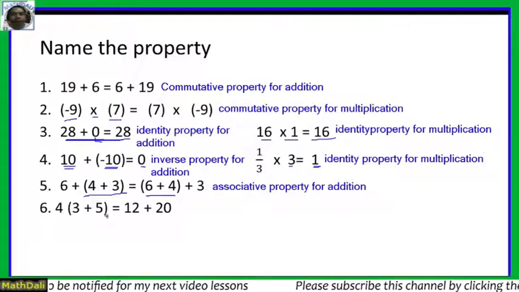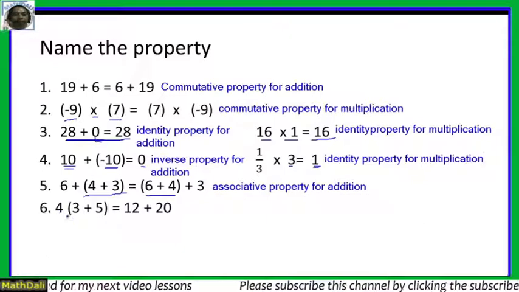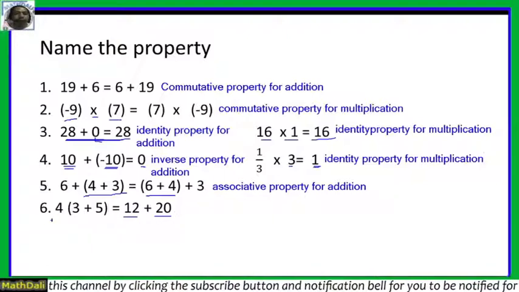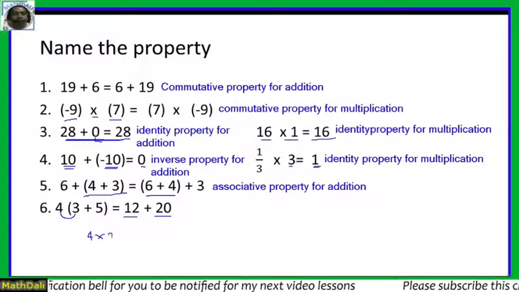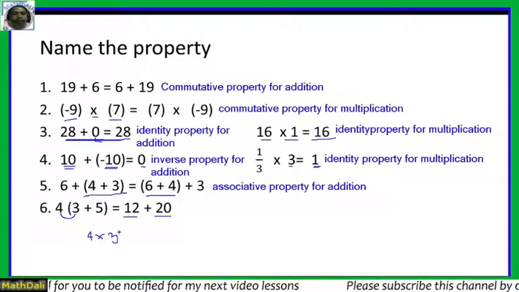And next, we have 4 multiplied to quantity 3 plus 5 is equal to 12 plus 20. So, ano nangyari dito? Paano nagkaroon ng 12 saka 20? Pag pinag-multiply natin to, 4 times 3, that is equal to 12.